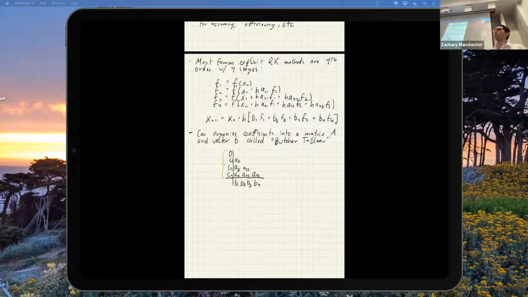If you have f of t comma x, these are the times that you evaluate at. We're not going to really see any of those in here, but that does happen, which is why we didn't talk about these yet.